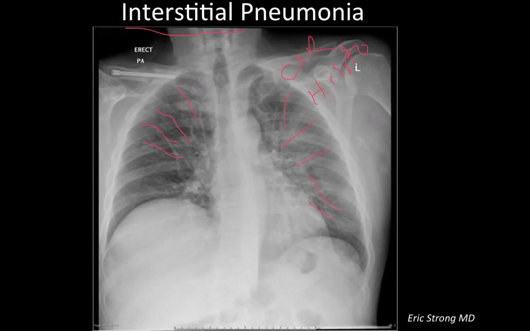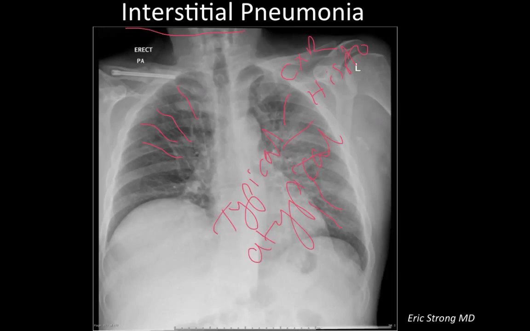But I know there's the description of interstitial pneumonia and everybody uses it, and that's fine, as long as you recognize this could be a typical or atypical organism that causes this pattern.